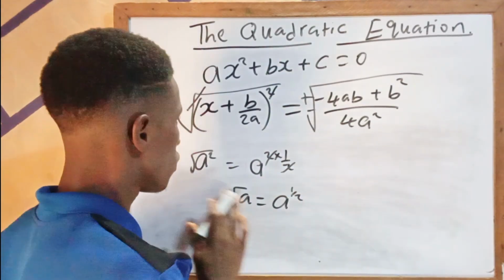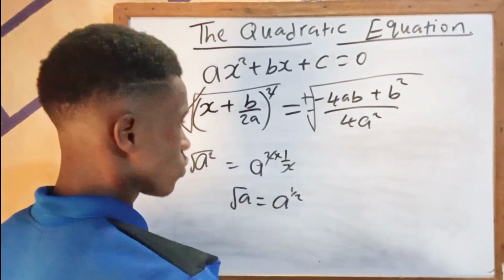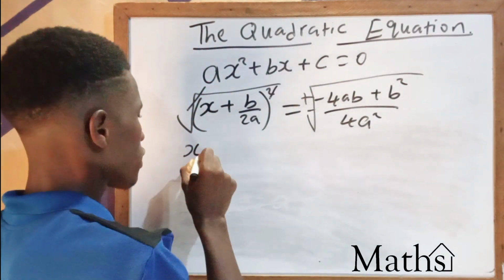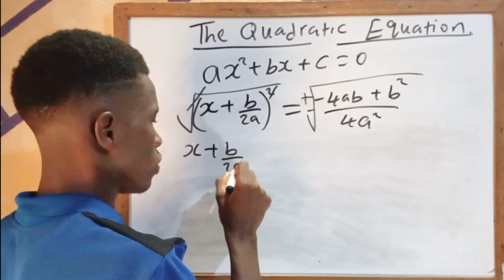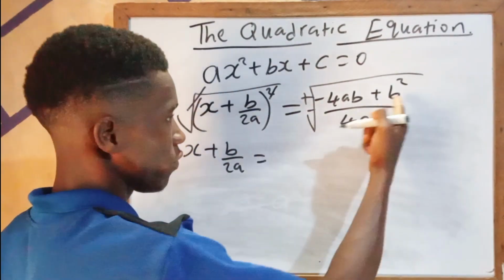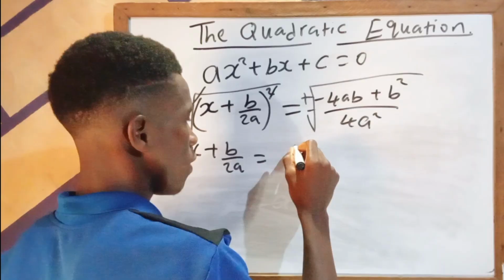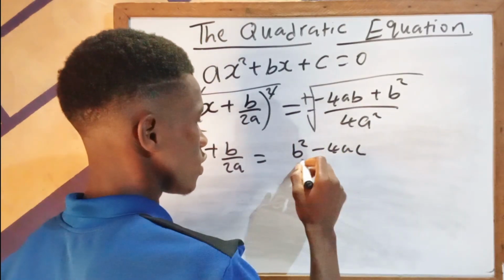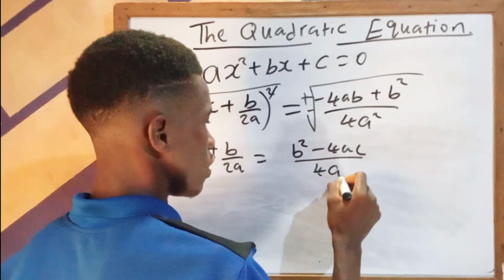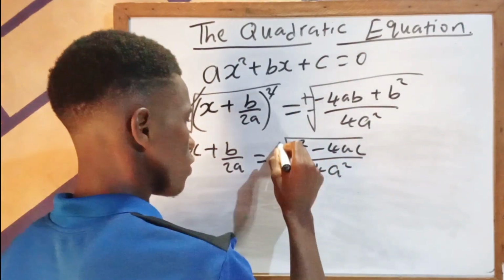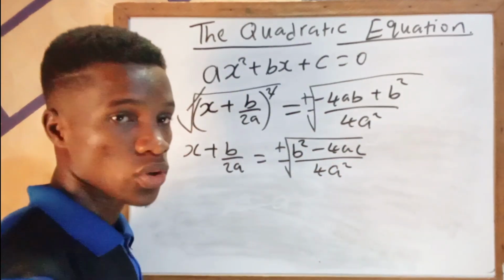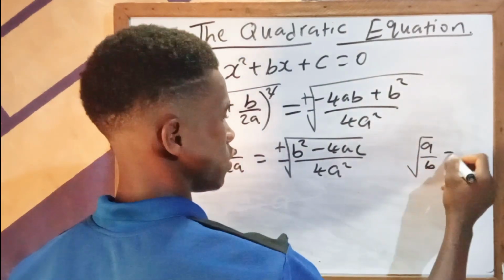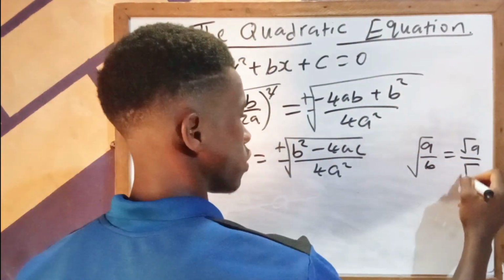That's what happened here. So when this cancels out, we have that x plus b over 2a is equal to, if we rearrange this, b squared minus 4ac over 4a squared, the square root of everything, plus or minus. Now from our surds, we know that surd a over b is equal to surd a over surd b.